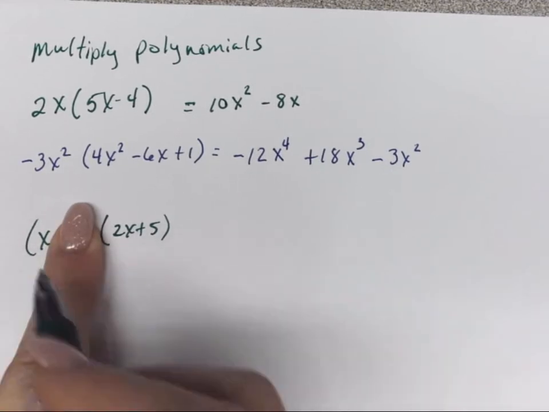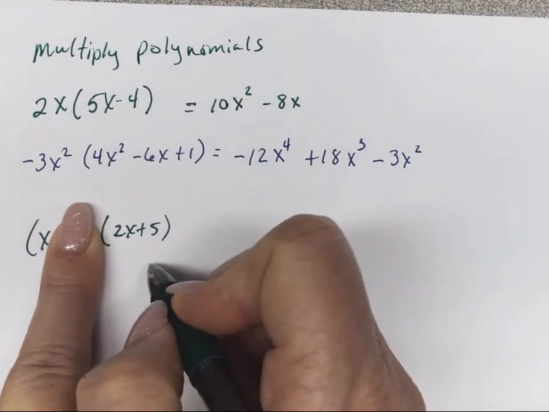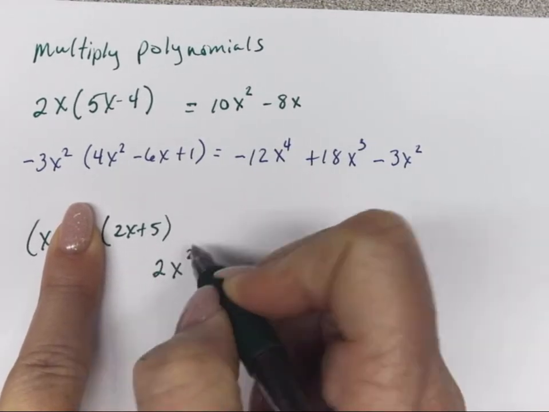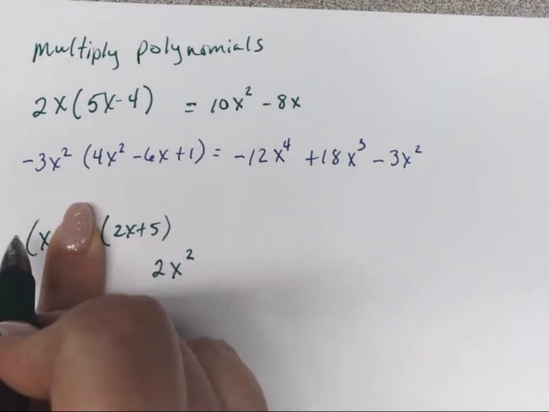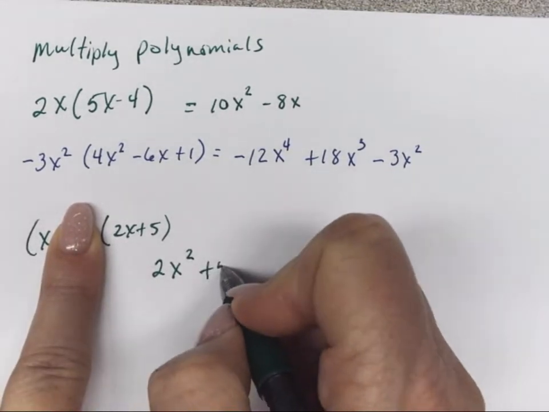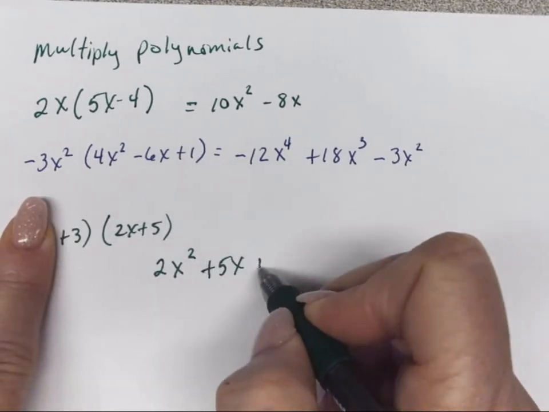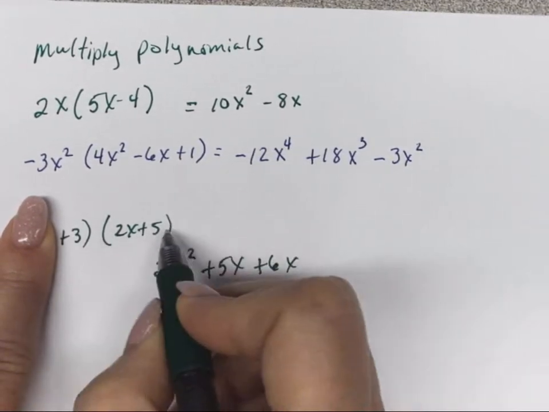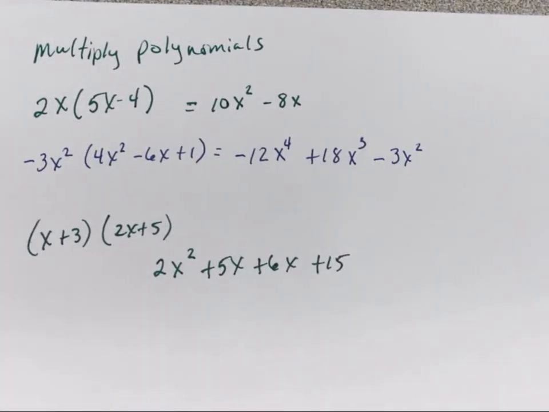X, I cover up the second term in there, and I take x times 2x. That will get us 2x squared, because 1 plus 1 on those exponents gets you 2. X times 5x is 5x. 3 times 2x is 6x. And 3 times 5 is 15.